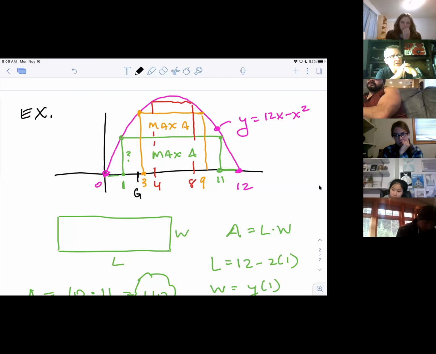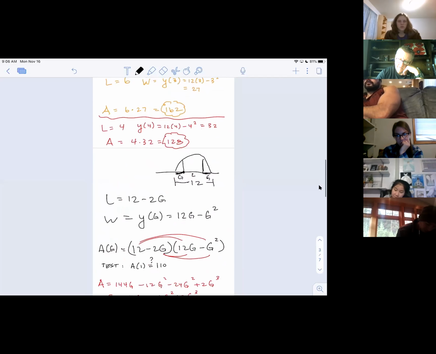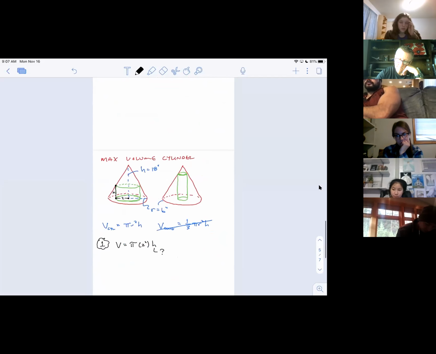And so she's saying, well, could we actually make an equation for that? Like the side of the cone is actually a line. So could we find the equation of that line and use that equation to plug 2 into, so to speak? So the answer to that is, yeah, that could work.